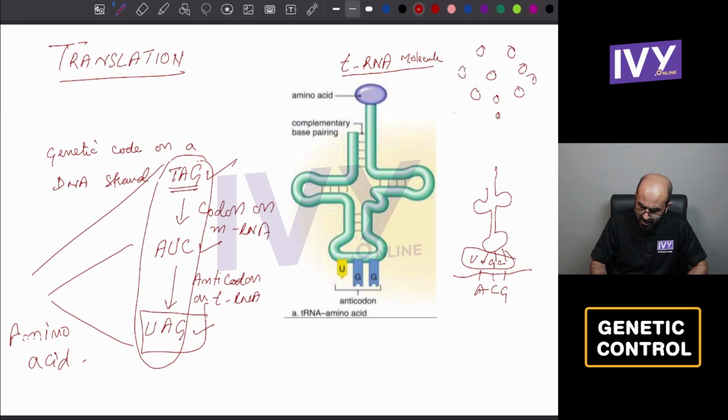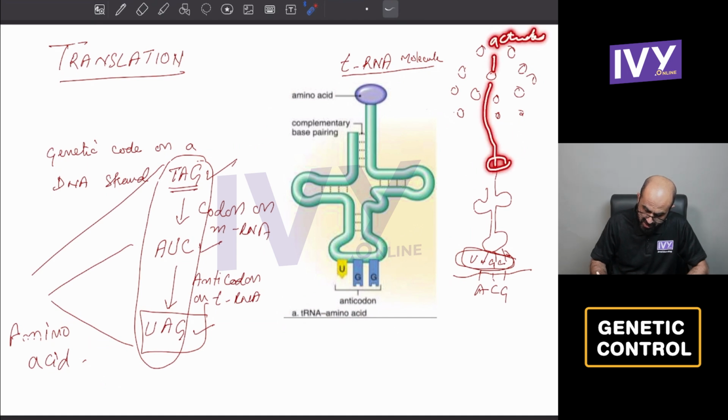All these are amino acids. We have 20 amino acids. But any one of the amino acids which follows the code directly as UGC here, suppose this one is responsible for UGC, then it will become activated and will come and attach to the tRNA here.